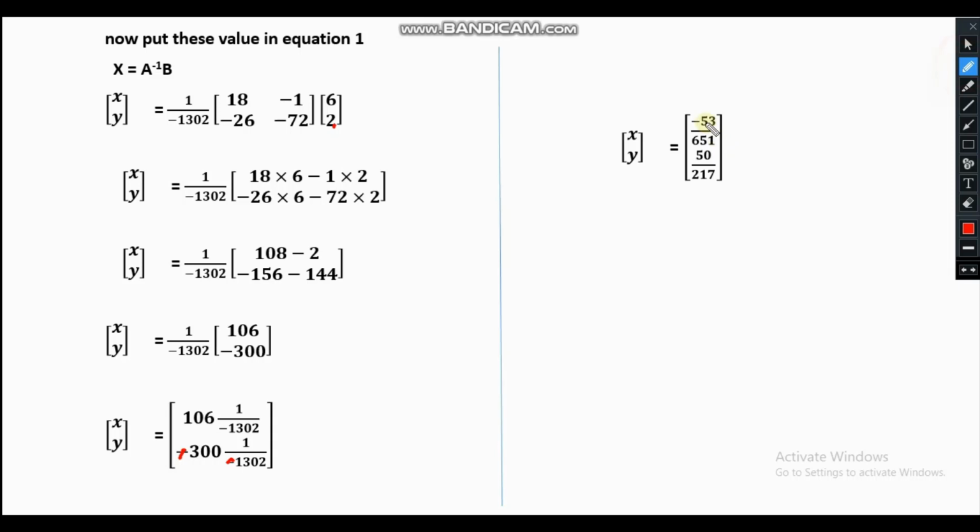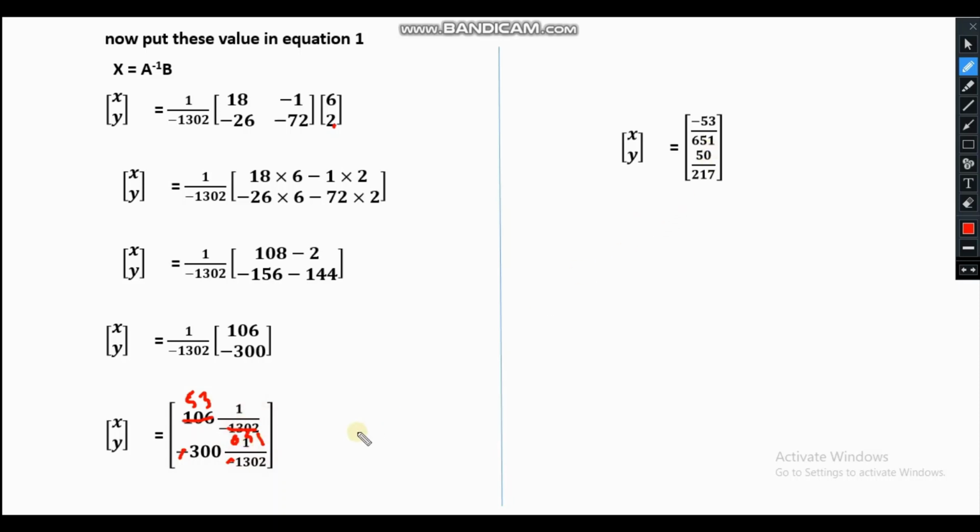So we will find these values by simplifying. Again 1 divided by 1302, so the values become 106 and 12.